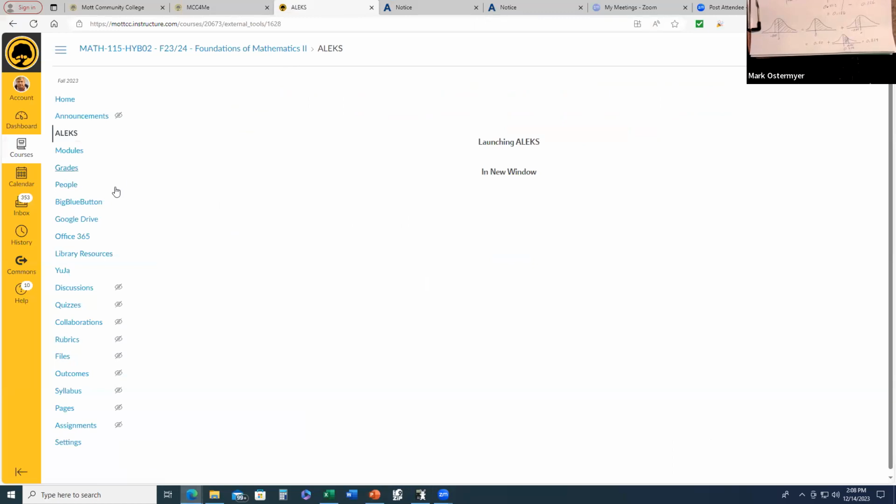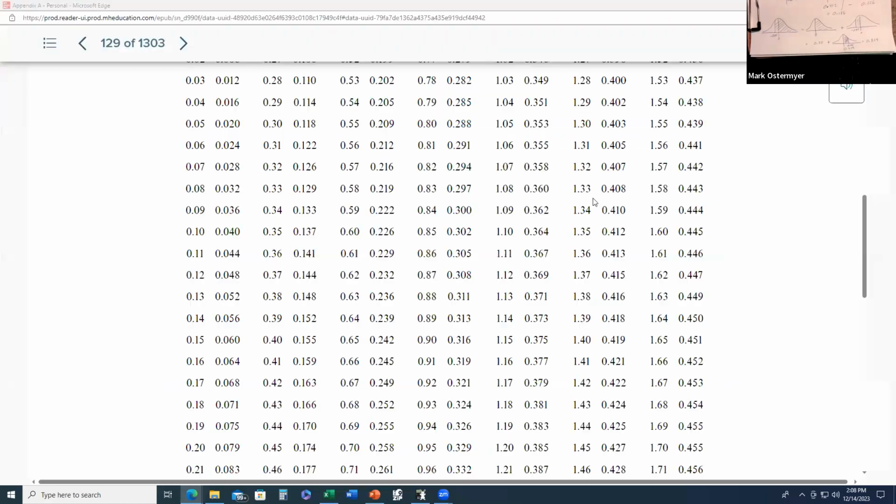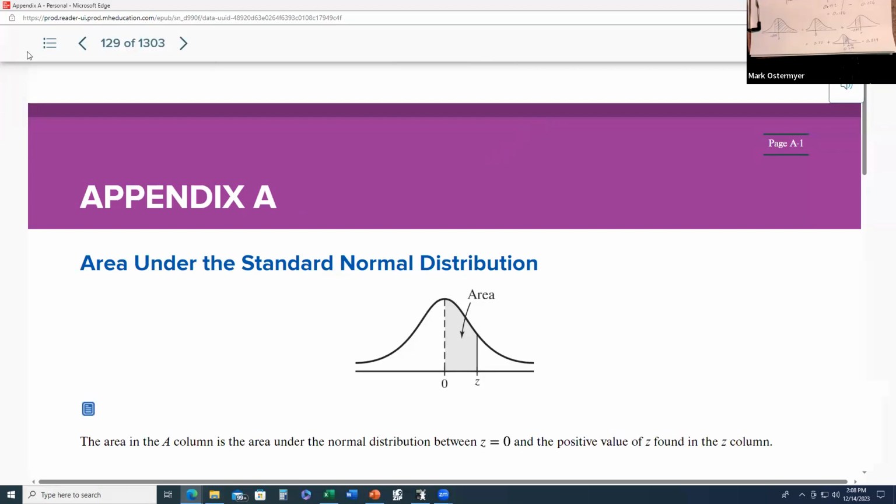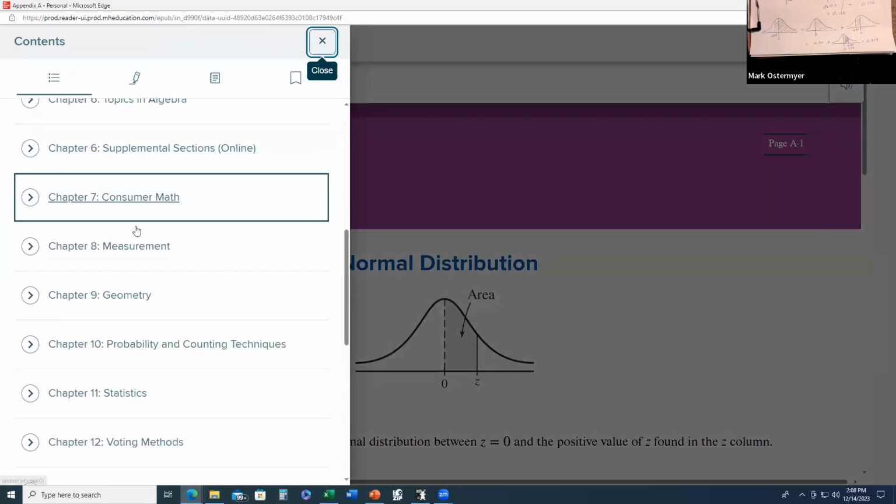All right, let's go to our book. We don't have much time left. I just want to see if there's any problems that we haven't covered yet that we could maybe look at. So this is section 11.6.